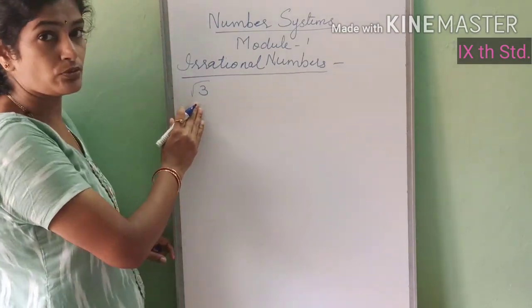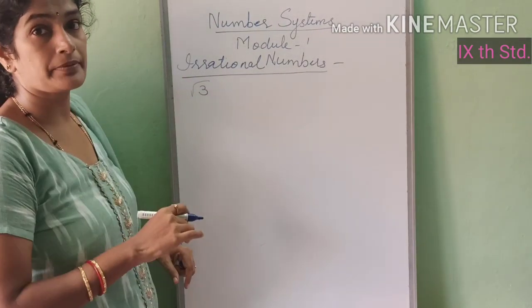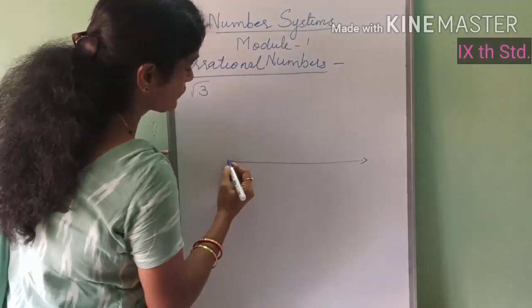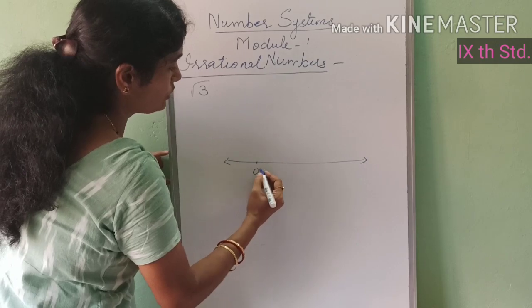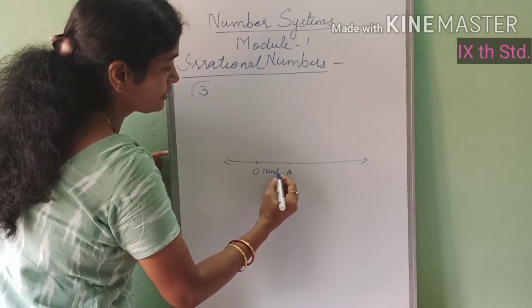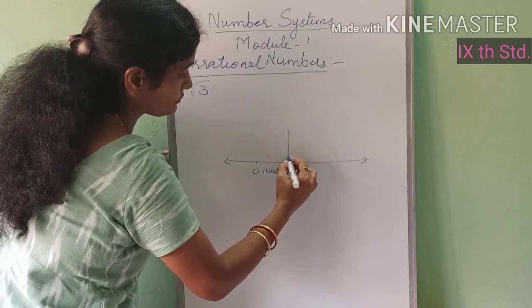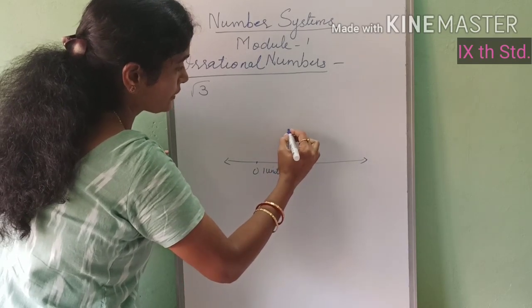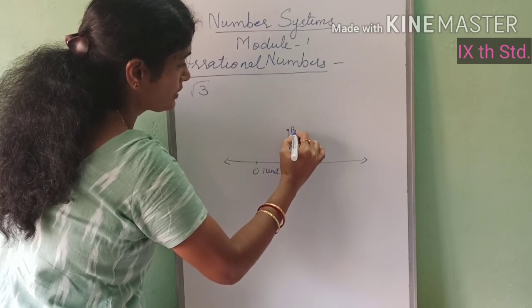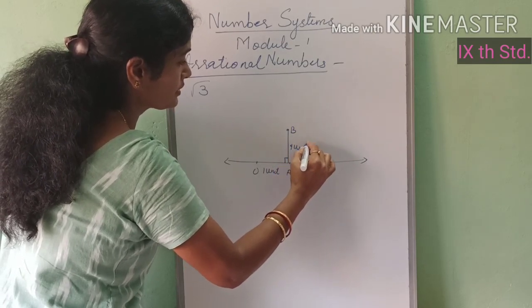So, to represent root 3 on the number line, first we will represent root 2 as usual. So, first we are going to draw a line, mark a point O, take OA as 1 unit, then draw the perpendicular, mark OB, this is B, also 1 unit, right?